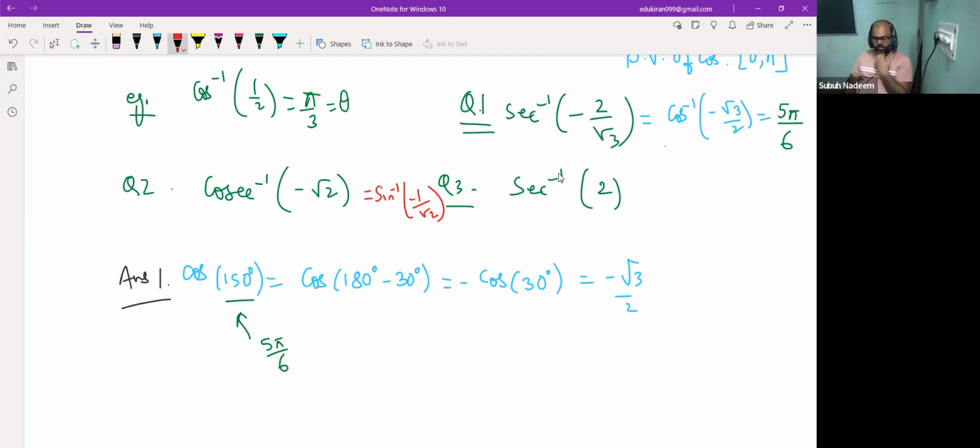No, why will it be 135 degree? It is sine, it is not cos. Sine has principal value between minus pi by 2 to pi by 2.